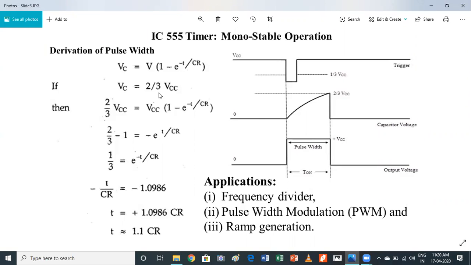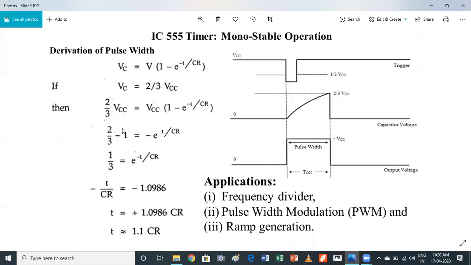What is the maximum voltage of the capacitor? 2 by 3. So Vc is equal to 2 by 3 VCC. So we can write 2 by 3 VCC equals, V is nothing but our VCC voltage, VCC of 1 minus e power minus t by RC.